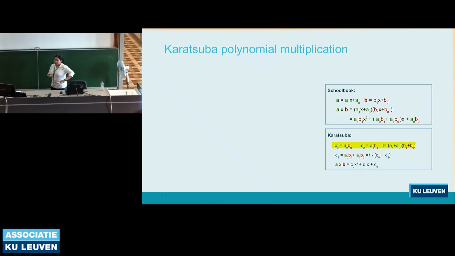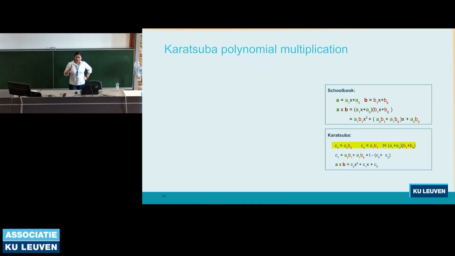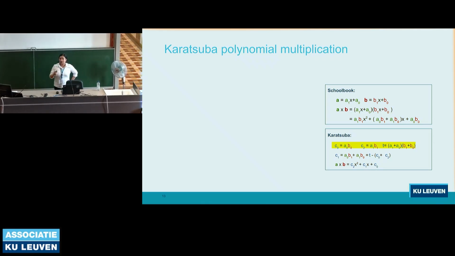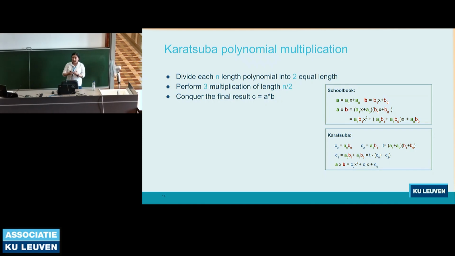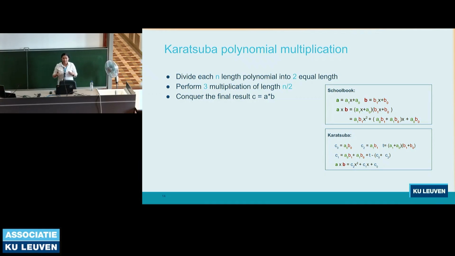As we have reduced one of the multiplications from this whole multiplication, that reduces the complexity. And it can be generalized for higher dimension, or I should say a high amount of coefficients.